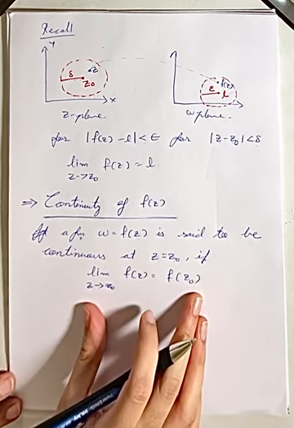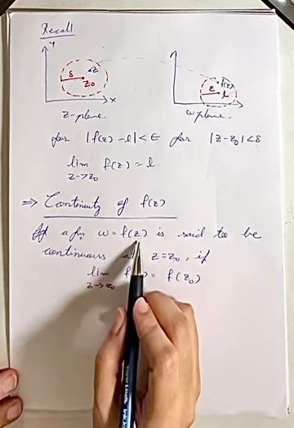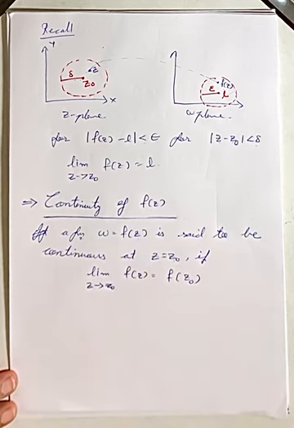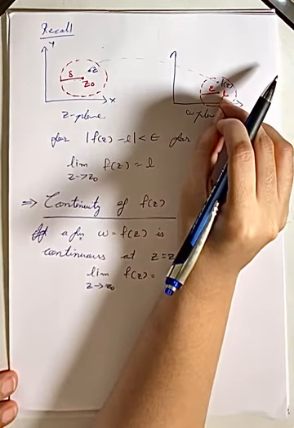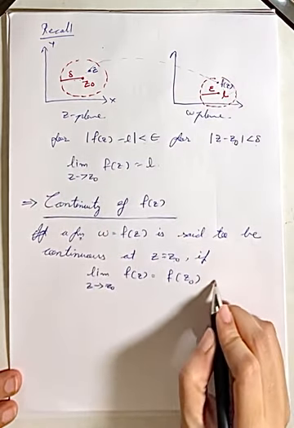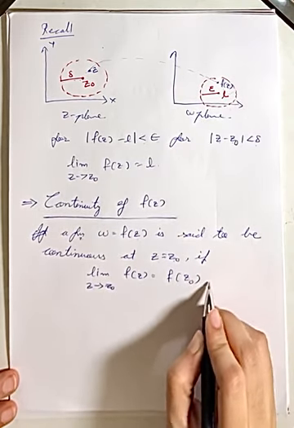If this is satisfied, then we say that f of z is continuous at z equals z0. So this f of z0 is just the L. We just gave it a name equal to L. f of z0 we defined itself to be L.